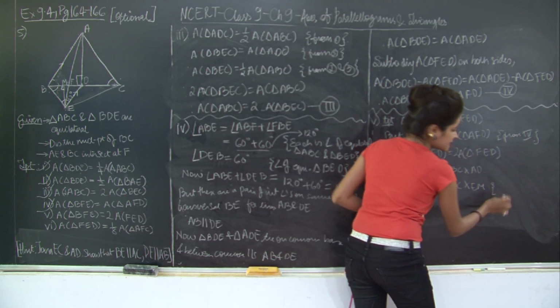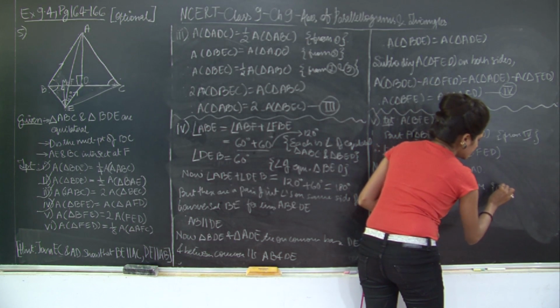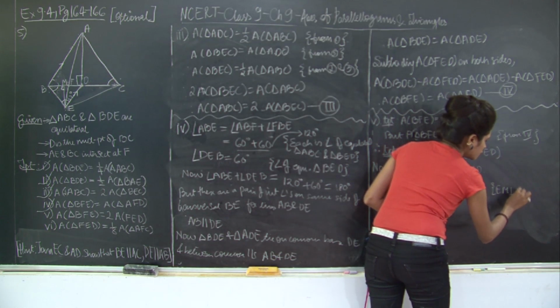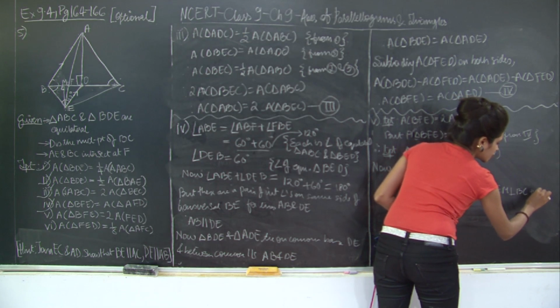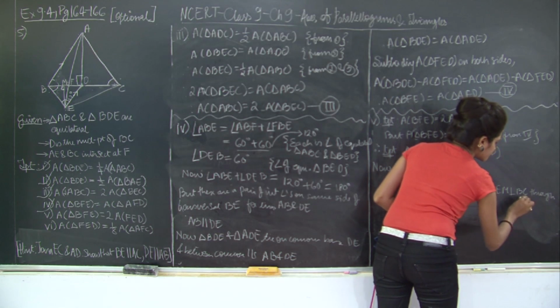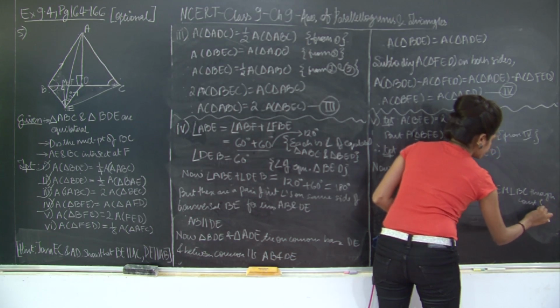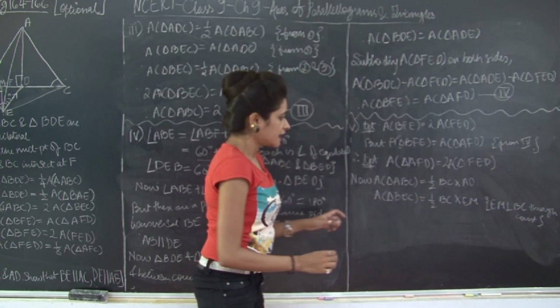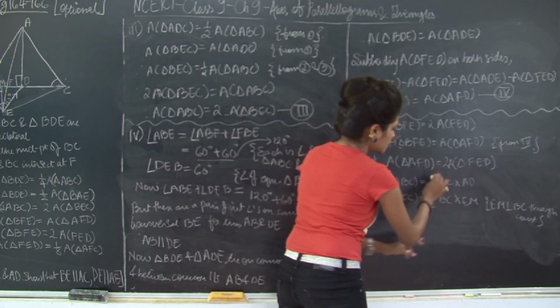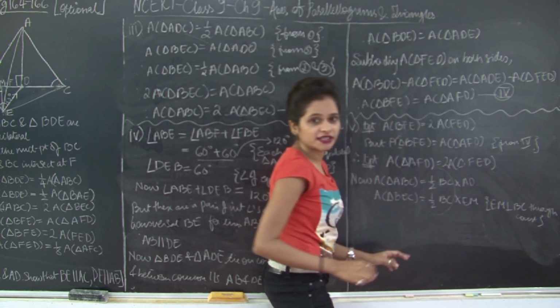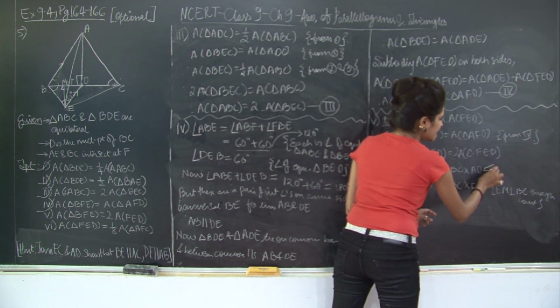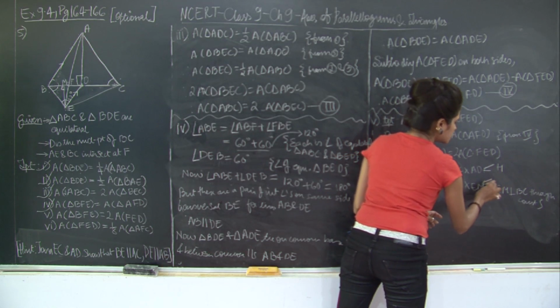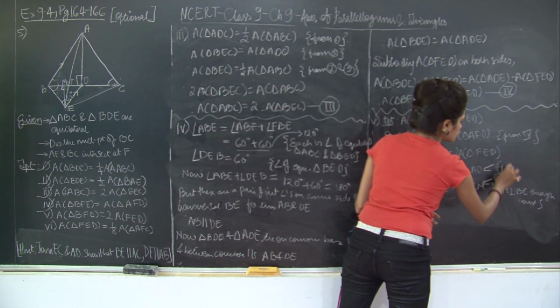And in brackets for this I will write: EM is perpendicular to BC by construction. So we have these 2 points. Now we have half BC into BC out here. Let's call AD capital H and EM small h, right?